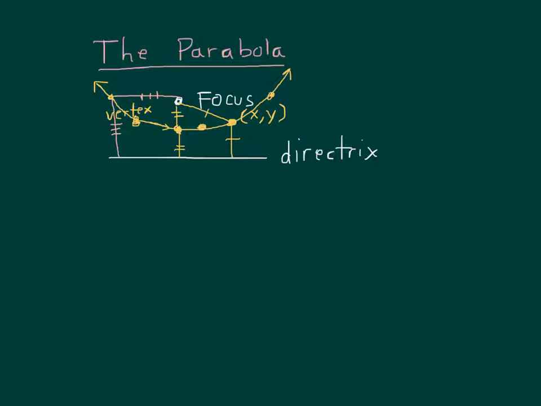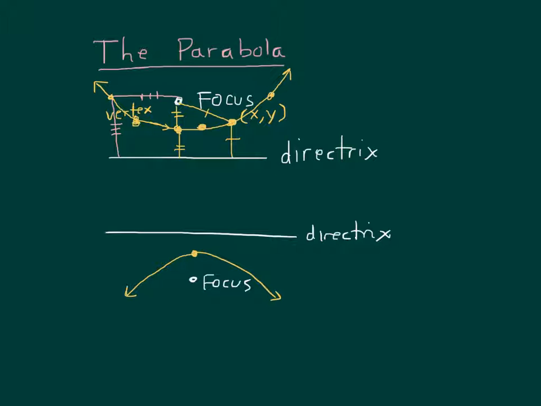Now, we could have one where the directrix, or line, is above the focus. So if I call this the focus, and this line is the directrix here, all of my points on the parabola, starting with the vertex, which is halfway between the directrix and the focus, and I'm just going to do a quick sketch here, you would see that the parabola would open away from the directrix.